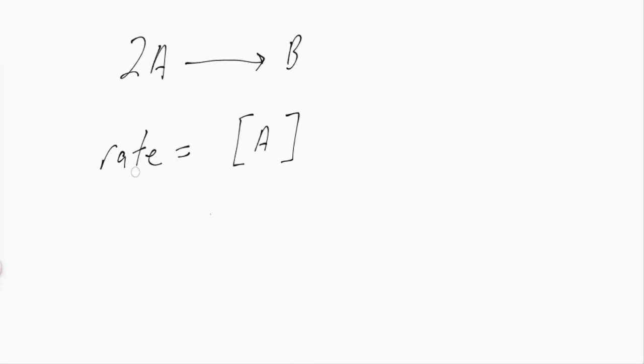So if you remember why we have a rate law, it's because oftentimes changing this concentration will change the rate of the reaction. But I said oftentimes, I didn't say every time. Let me give you an example.